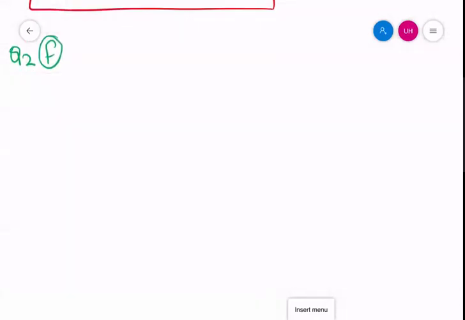Okay, so question 2F is dx over dt equals 10x multiplied by x plus 1, where t equals 0 and x equals 1.